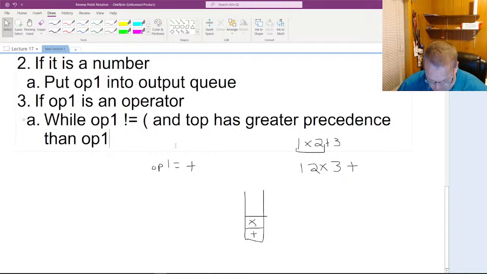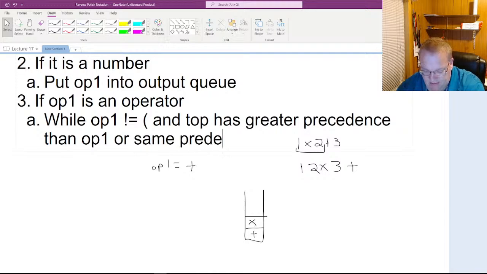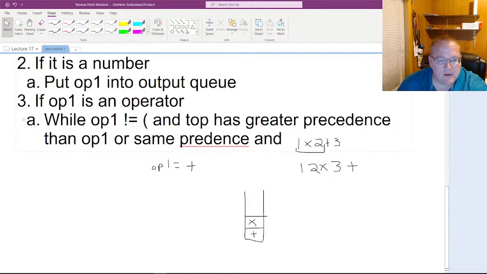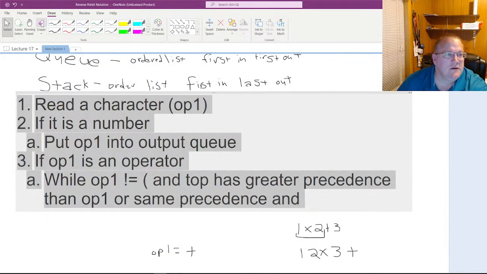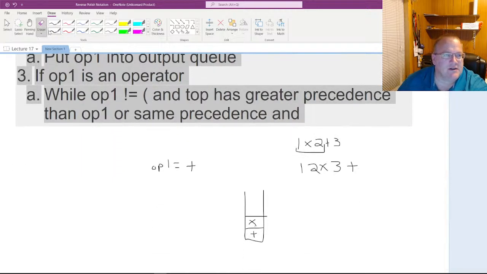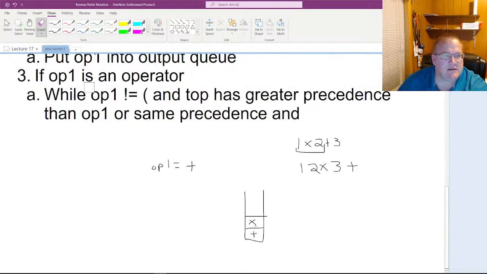Or same precedence, and op1 is left associative. Oh boy, we need to figure out what that means, don't we? I think I'm just going to erase this. I don't think I need it.